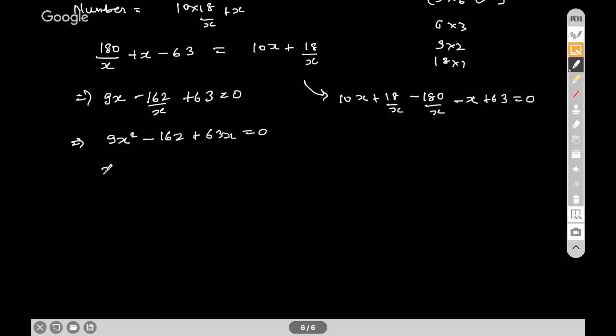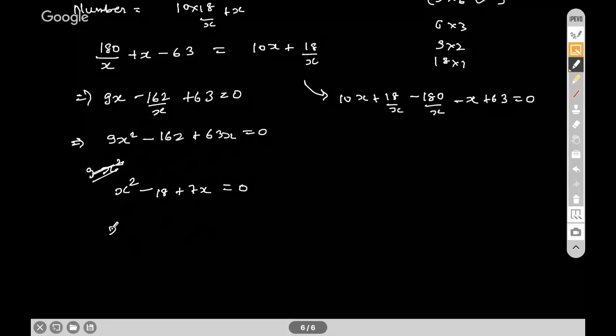If you see, you can actually take out 9 from everywhere, isn't it? All are multiples of 9. All the coefficients are multiples of 9. So you can say x squared, minus this is 18, sorry, and this is 7x equals 0.